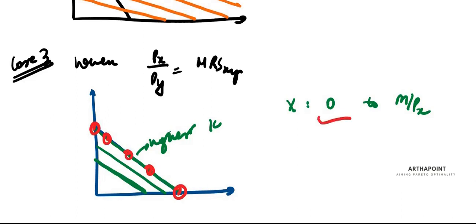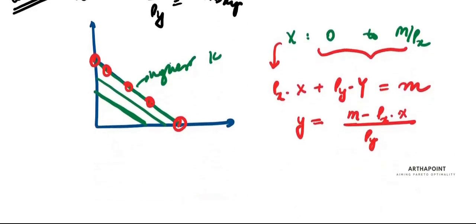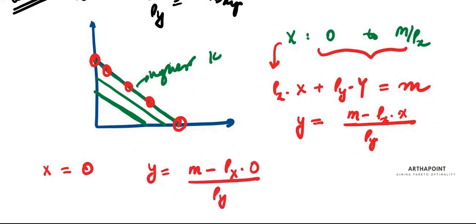And once you decide on X, then you can put that value of X in the budget line equal to M and get a value of Y. So Y will simply be M minus Px into X by Py. If you decide, for example, that you don't want to consume X, then Y will be M minus Px into 0 by Py, which is simply M by Py. So it will be this point.